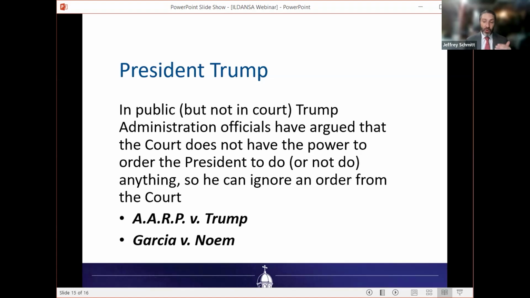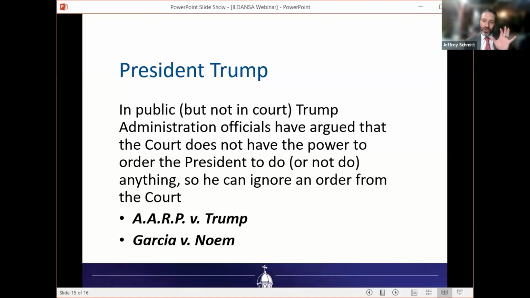And so the Supreme Court is telling the president what to do in a very direct way here. That's a big event. It doesn't happen very often. There's a lot of discussion here about this. Garcia versus Noem is the other case I'm referencing. It deals with the individual who the government admitted it should not have sent to El Salvador.